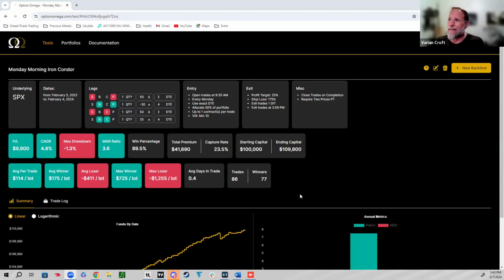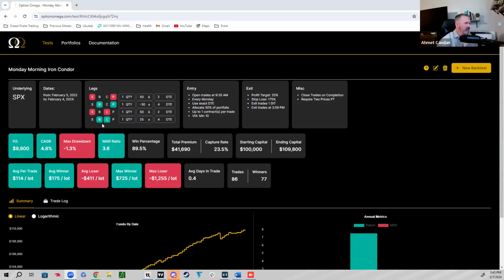Here's one that is technically a potential swing trade, even though based on results, it tends to last less than a day. Since our favorite is playing the SPX, that's primarily what we do. Here is a Monday morning iron condor on the SPX.